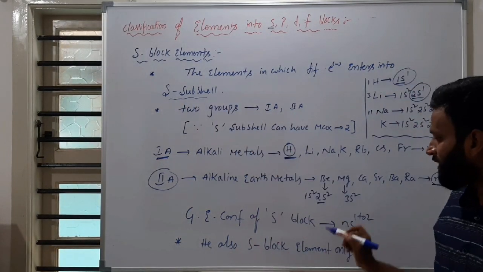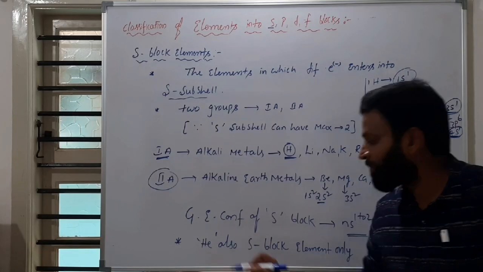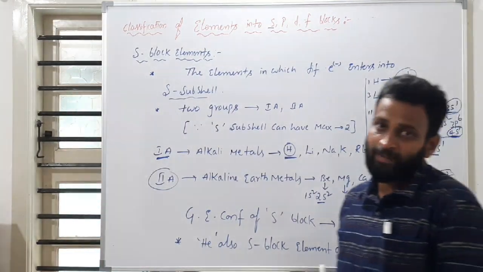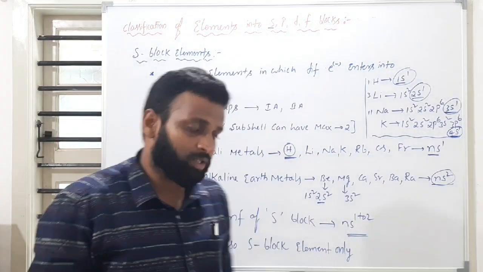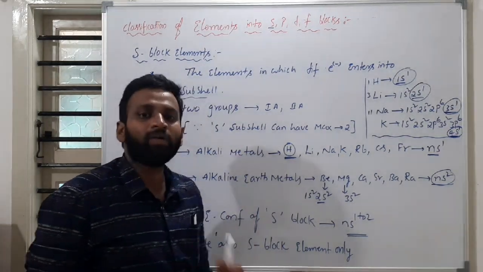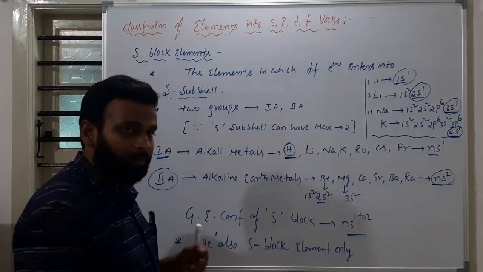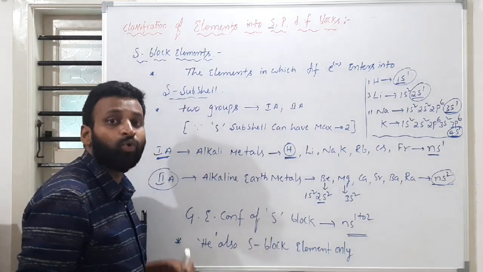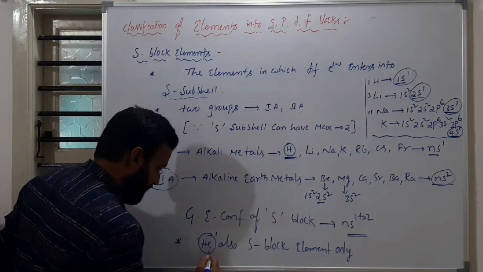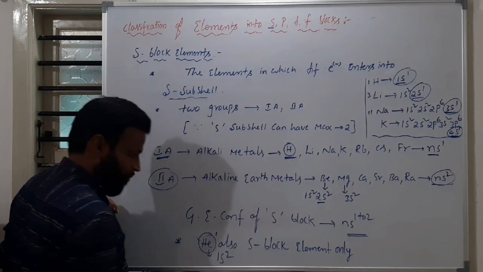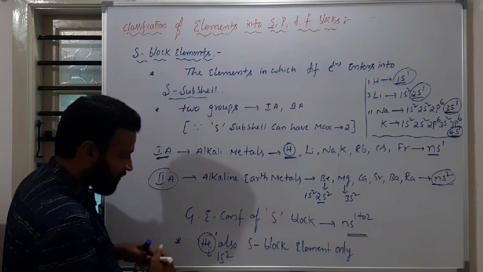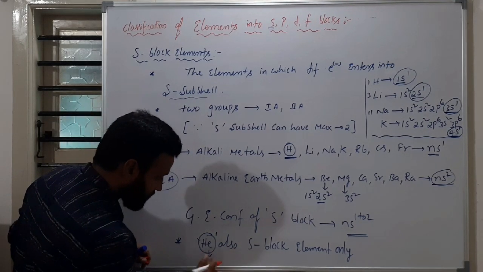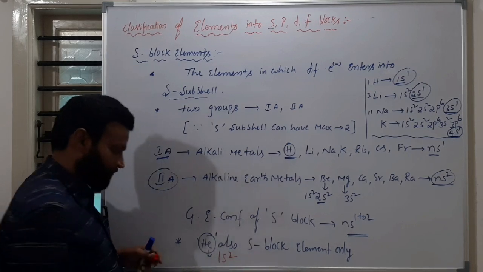That's why helium comes under the s block only. Because the differentiating electron, the last electron, enters into 1s itself. Helium configuration is what? 1s2.